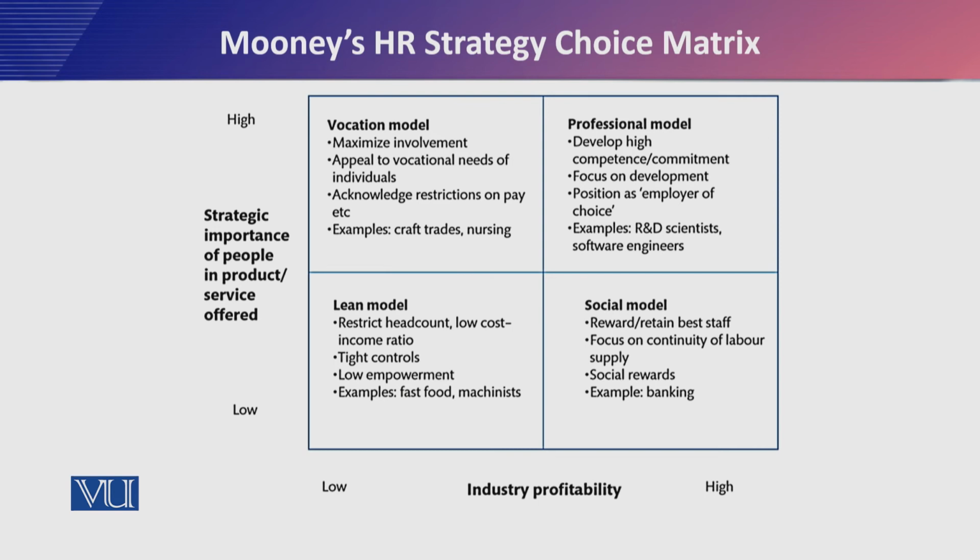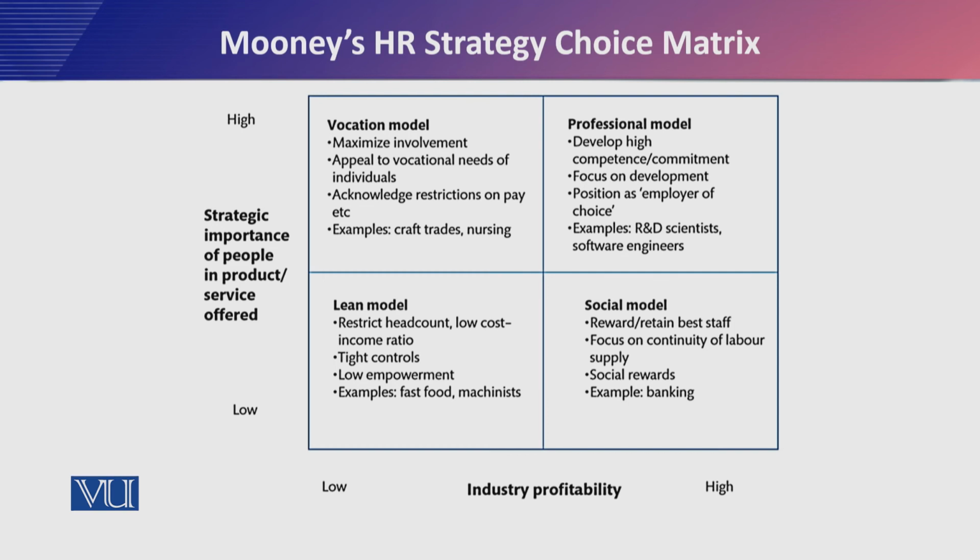What should you do? Develop high competence, commitment, focus on the development of employees and position as employer of choice, because you need to attract the best talent from the market. If you are operating your business in that type of industry, you can't afford that your employees are not the most competent employees in the organization.